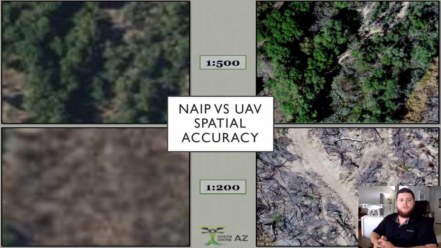This imagery has a resolution of, I think, 3.2 or 3.3 inches per pixel. So again, NAIP imagery, 1 meter per pixel, and the UAV, we'll just say 3 inches per pixel. So we can really zoom in before everything starts getting pixelated. We can see everything in much greater detail.